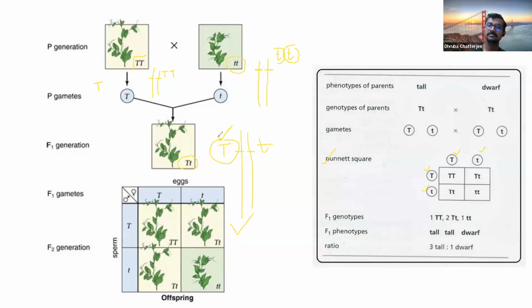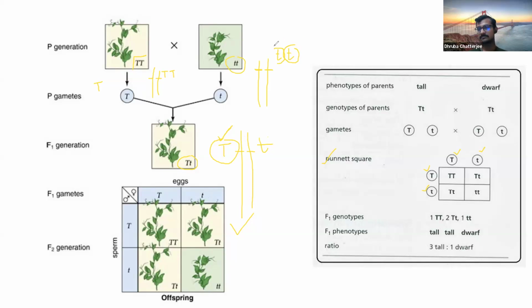That means this one is the dominant one, and this is the recessive one. In the actual molecular biology picture, the capital T gene is capable of encoding that gene product, be it an RNA or protein, that is needed for stem growth, and because of that the stem is longer and the plant is tall. Since in this case it has at least one functional copy of the gene, the plant is tall, right?